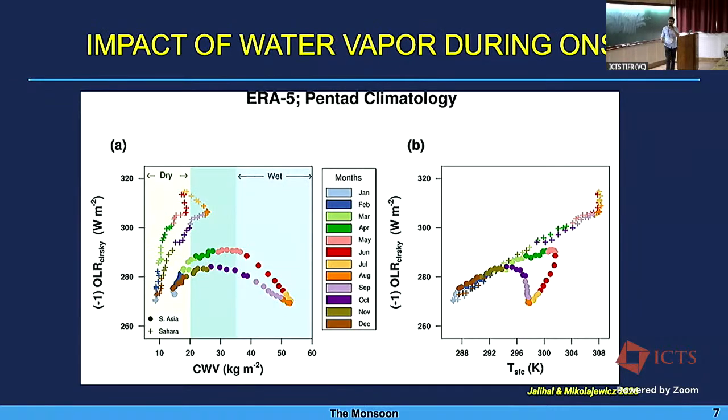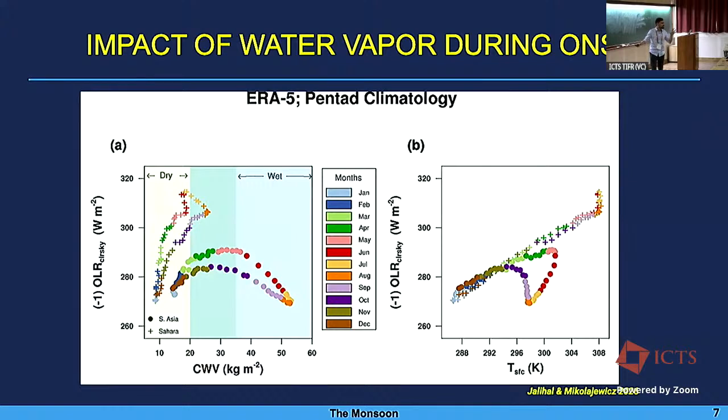this is a graph which I had shown earlier, but now we are going to revisit this from an observations perspective. Y-axis is clear sky OLR. X-axis on the plot to the right is surface temperature. Plot to the left, it is column integrated water vapor. Plus is Sahara.